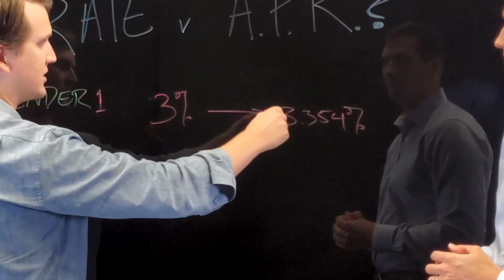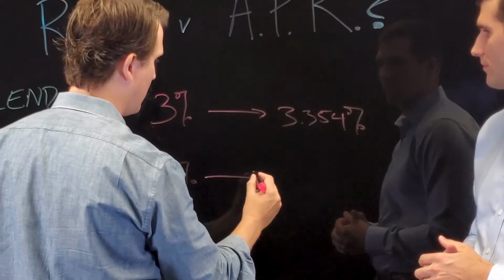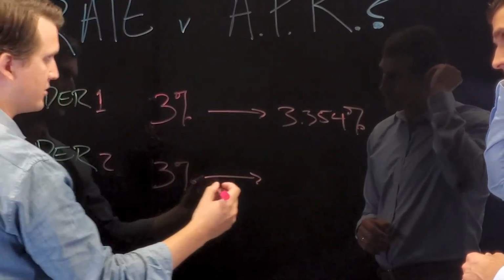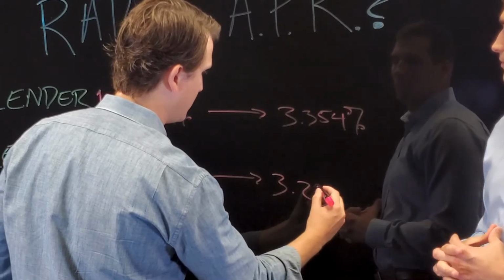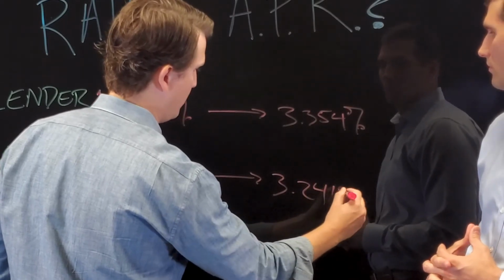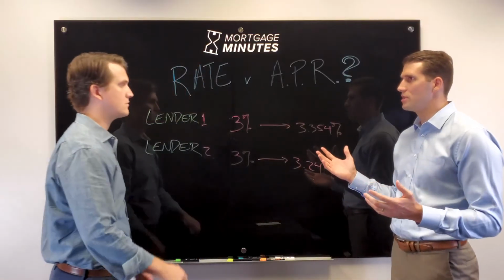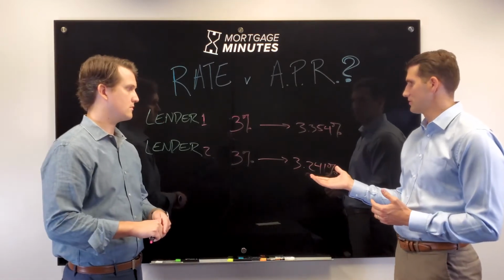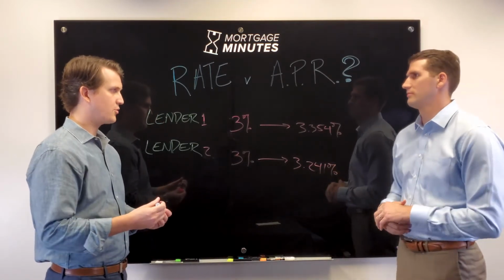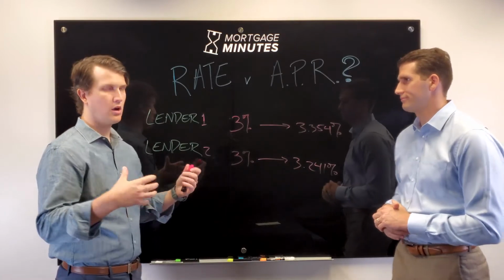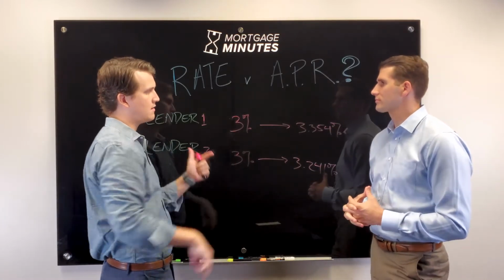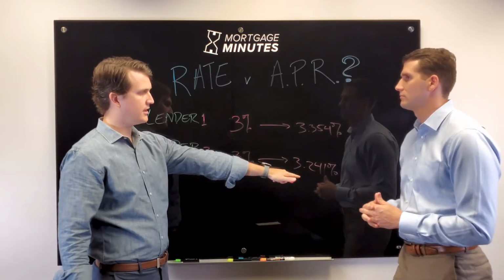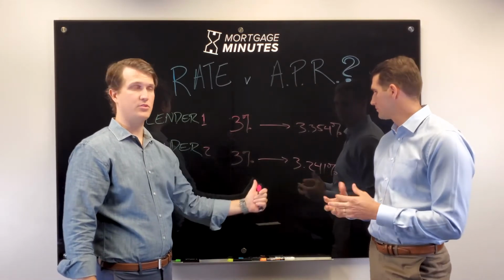But because of your closing costs, it's always going to be a funky little number. And for lender two, let's say it's 3.241%. Yeah, so knee-jerk analysis, lender two looks like a better option. That's right. And that's what APR exists for: you can look at it and go, okay, both are giving me 3%, but this lender is seemingly giving me the 3% for less.